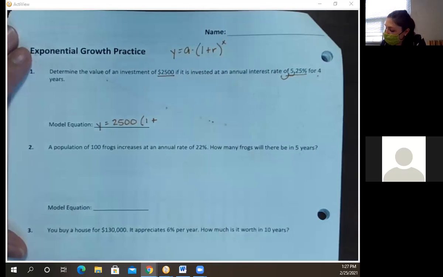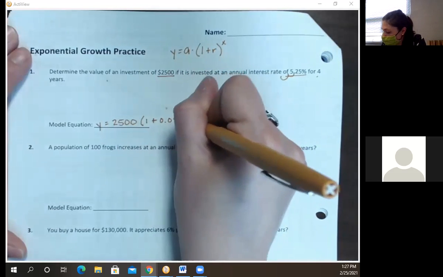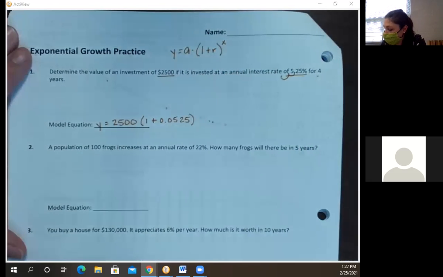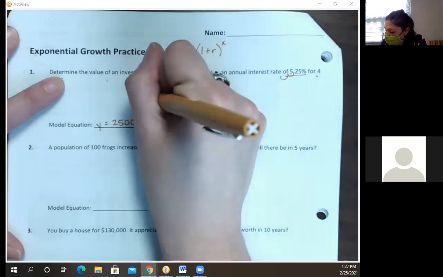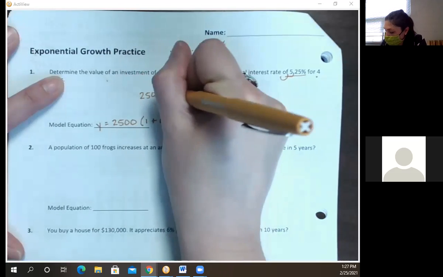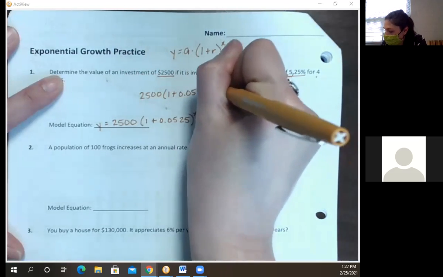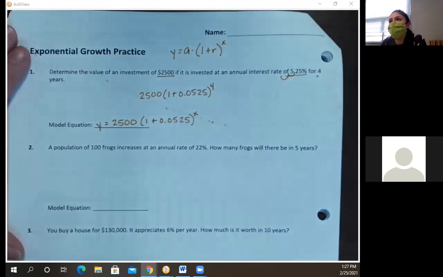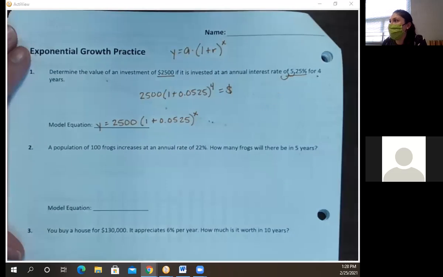So we've got to move that decimal 2 places: 0.0525, to the x. And then since I want to find out how much money I'll have in 4 years, I'll plug in 4 for the exponent. And that will give us our amount in 4 years.